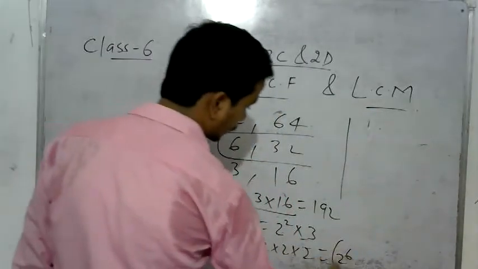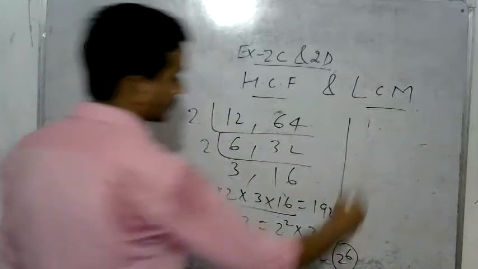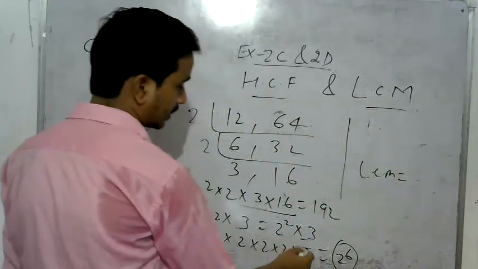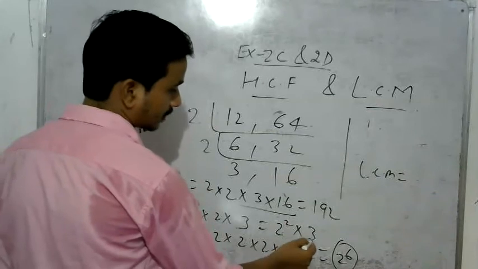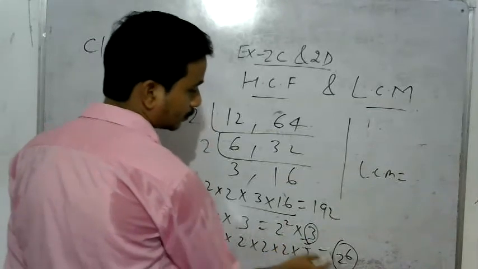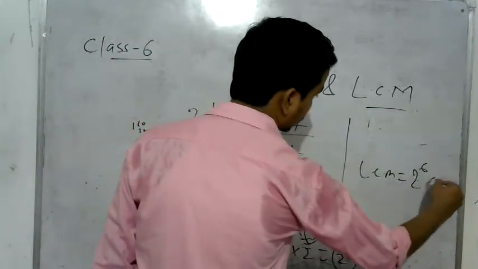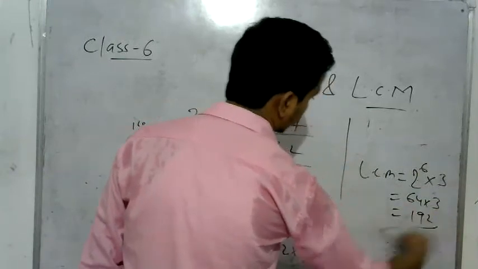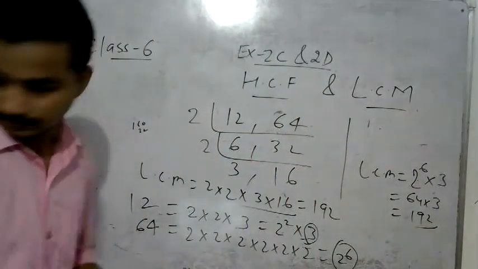And what is the highest power of 2? The highest power of 2 is 2 to the power 6. And also multiply the non-common factor. What is the non-common factor? The non-common factor is 3. So multiply 2 to the power 6 into 3, which is 64 into 3, which is equal to 192. Again, you are getting the same thing.